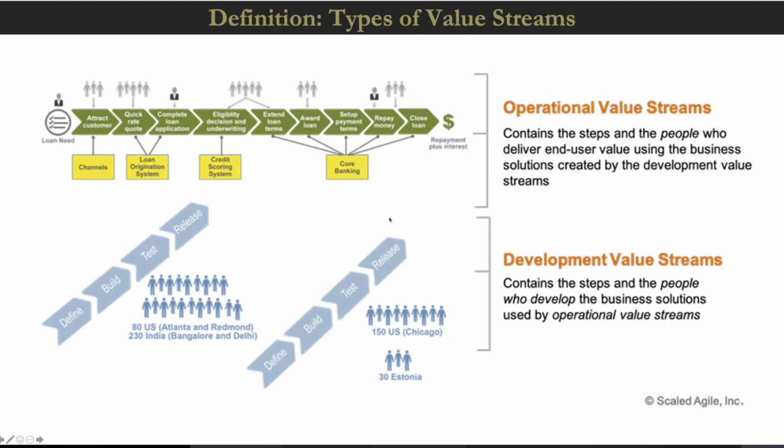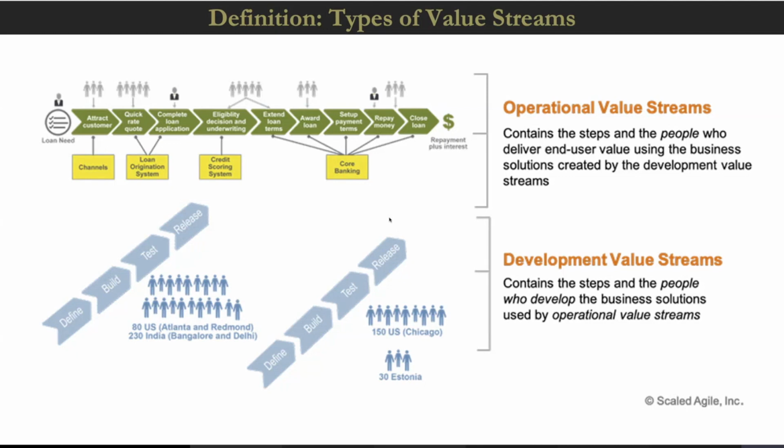So here's a look at different types of value streams. Now, you might think that the value stream, just the way it's been laid out, is no more than an end-to-end process diagram. It definitely starts out like that. As you can see on the screen, when a prospect submits information, there are various channels that are engaged.